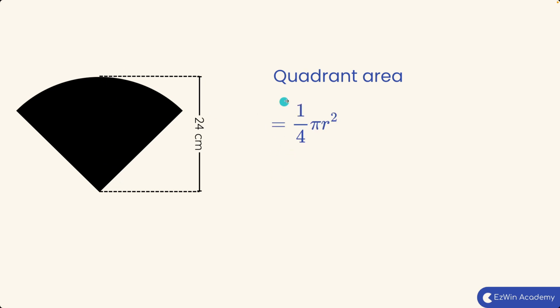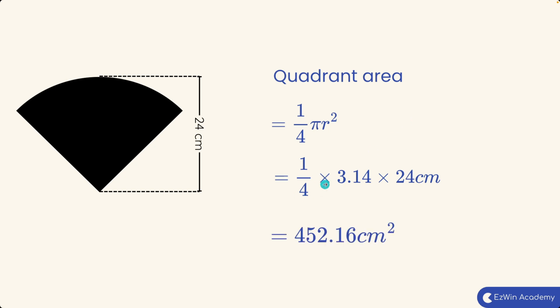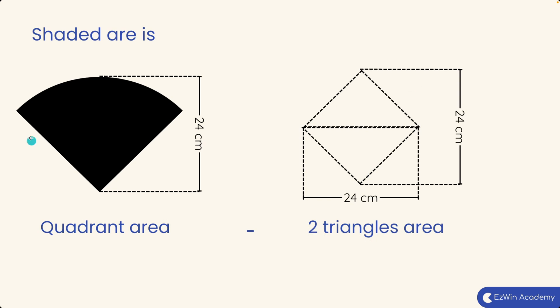So the quadrant area is 1 out of 4 times pi times r squared, which gives us 1 out of 4 times 3.14 times 24 centimeters squared, and the answer is 452.16 centimeters square. So now we know the quadrant area.